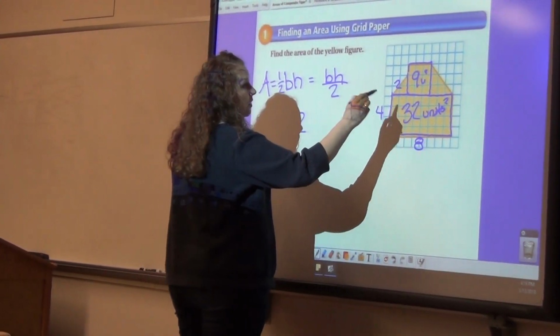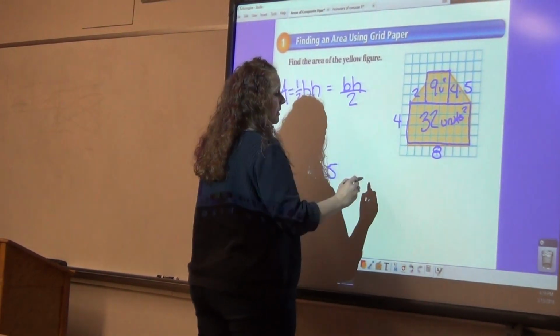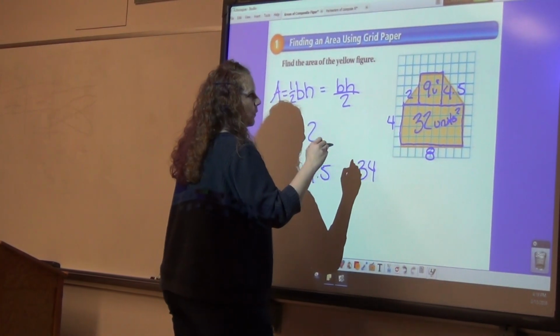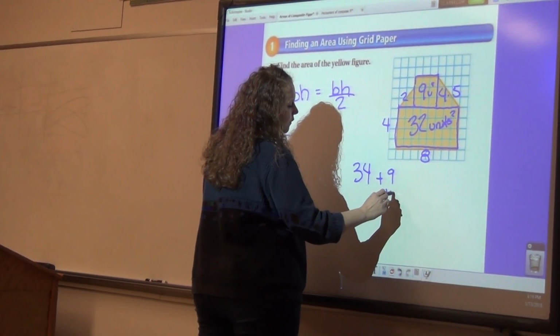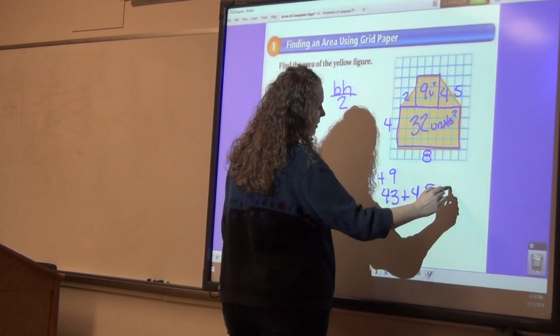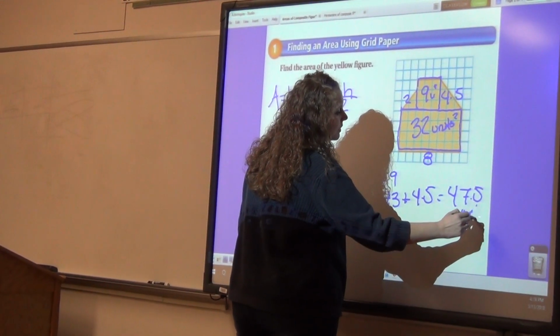So then I need to add all of these pieces together. I've got 32 plus 2 is 34, plus 9 is 43, plus 4.5 is 47.5 units squared.